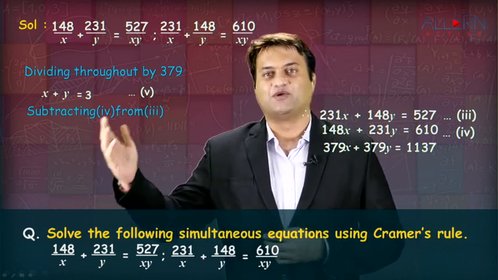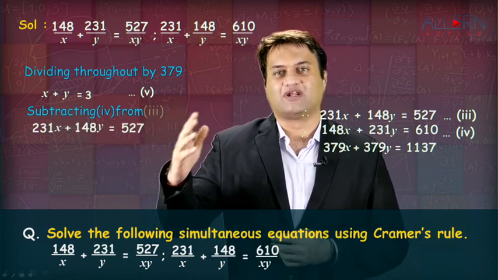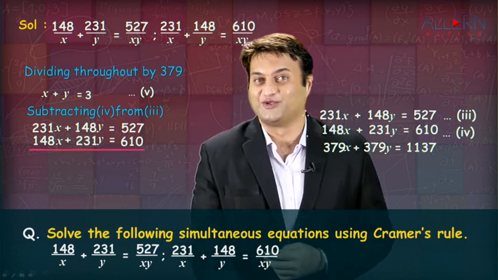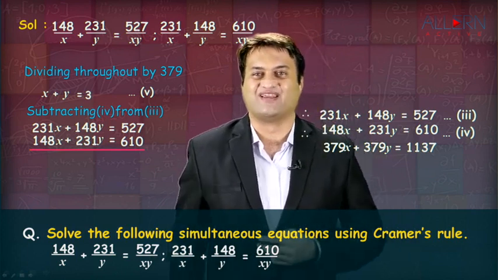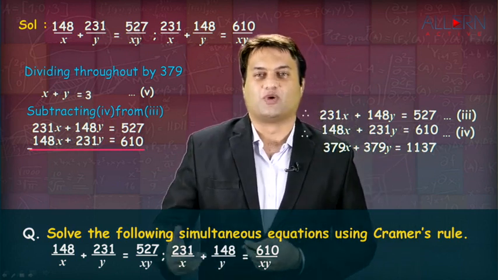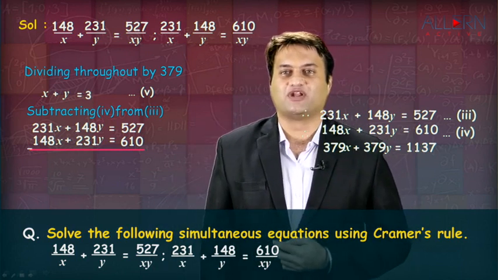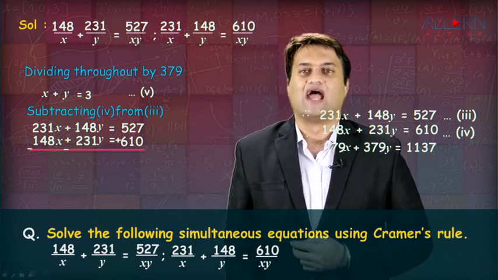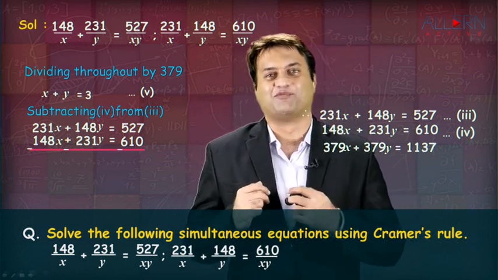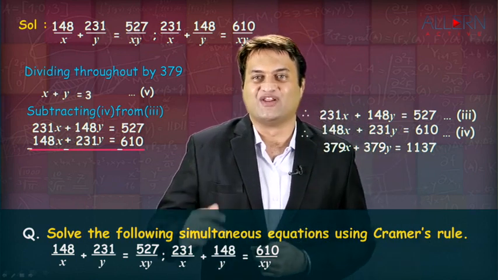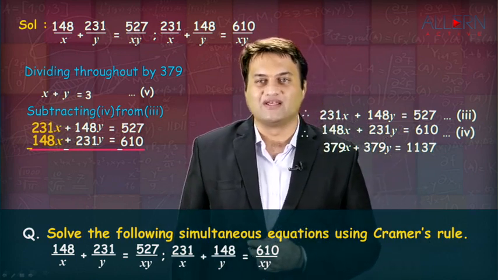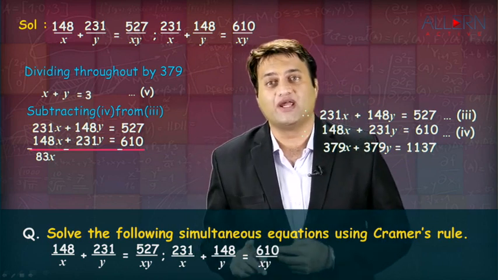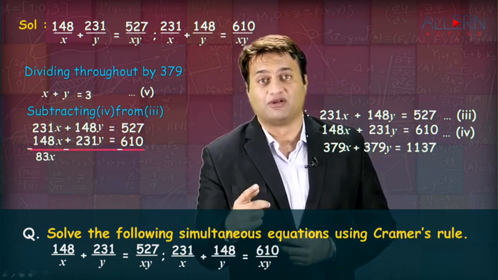When we subtract equation 4 from equation 3, we write the third equation first, then the fourth equation, and then don't forget to change the signs because we are subtracting, right? So plus 148x becomes minus 148x, plus 231y becomes minus 231y, and plus 610 becomes minus 610. Now let's do it. 231x minus 148x is 83x. 148y minus 231y.